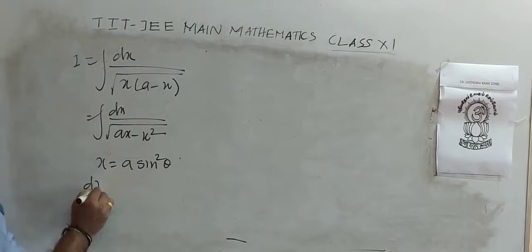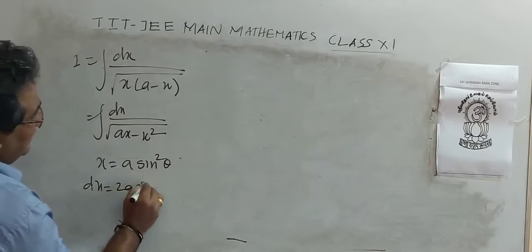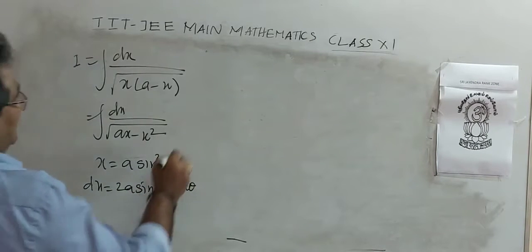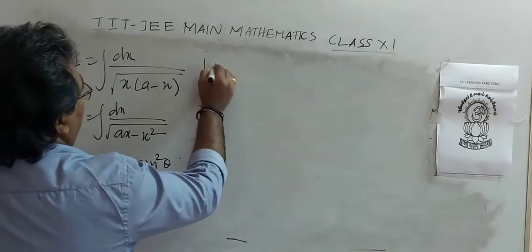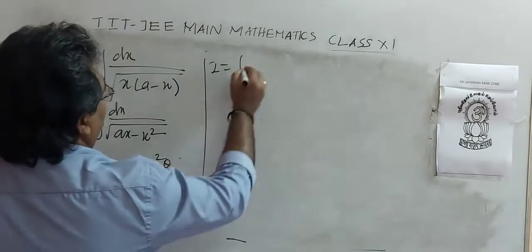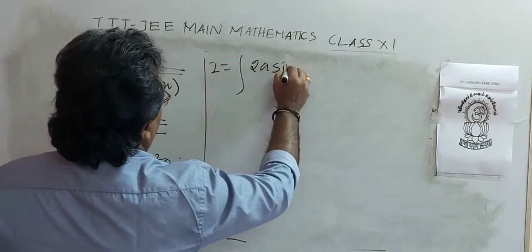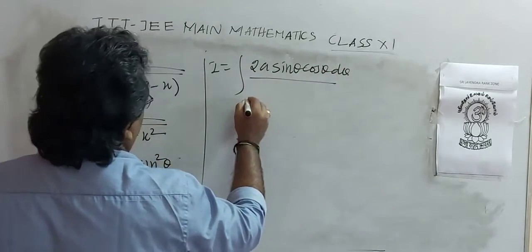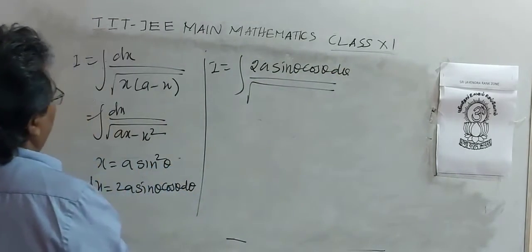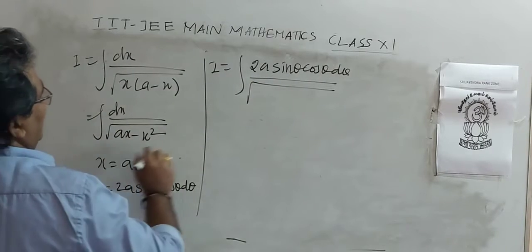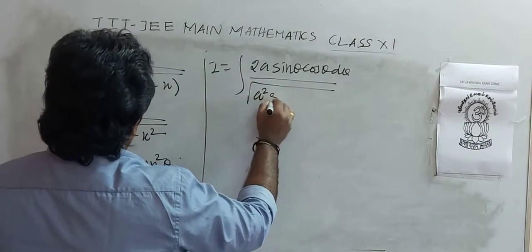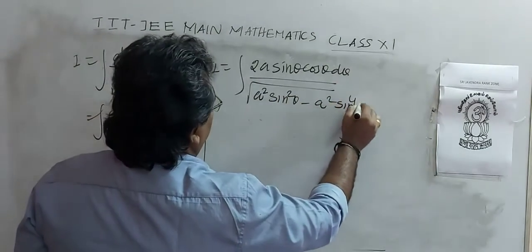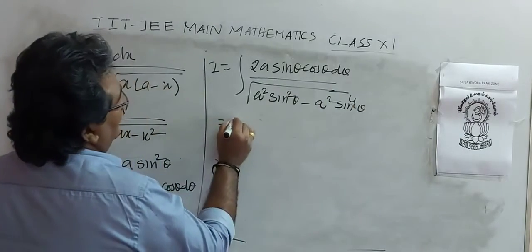So dx equals 2a sin theta cos theta d theta. I equals 2a sin theta cos theta d theta divided by the root of a squared sin squared theta minus a squared sin to the power 4 theta.